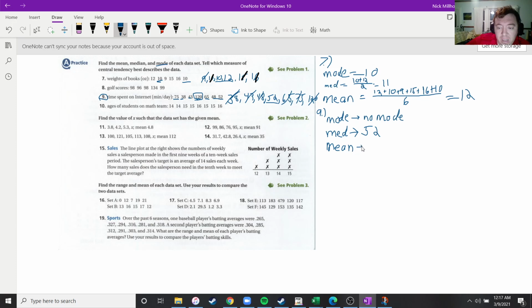So our mean here is going to be 75 plus 38 plus 43 plus 120 plus 65 plus 48 plus 52. And that's going to be over 1, 2, 3, 4, 5, 6, 7.